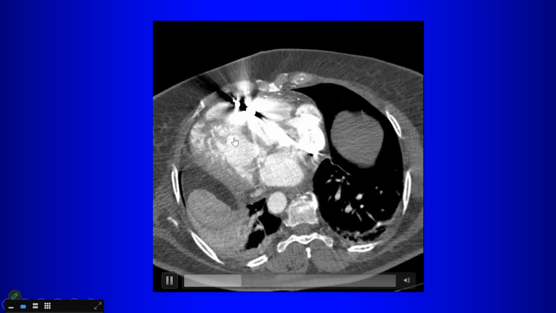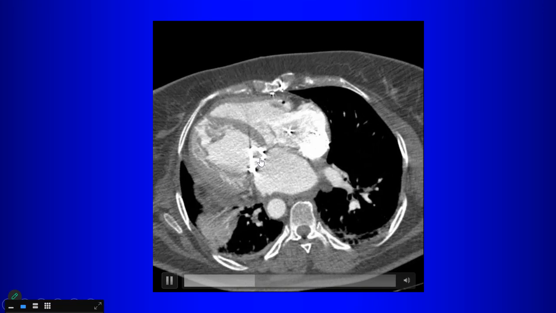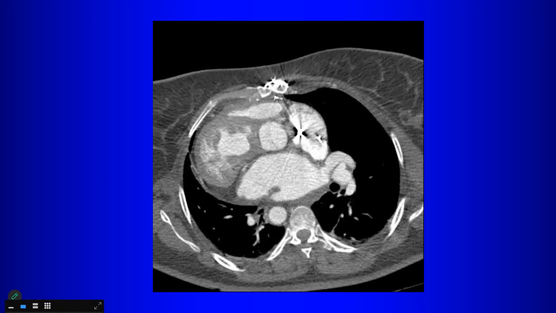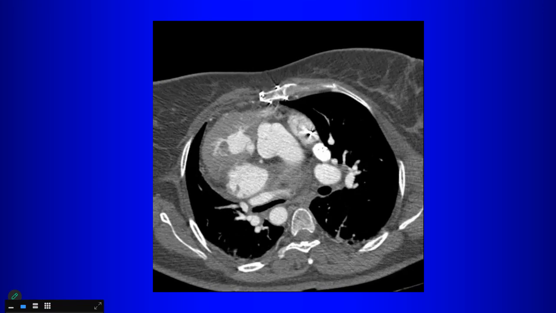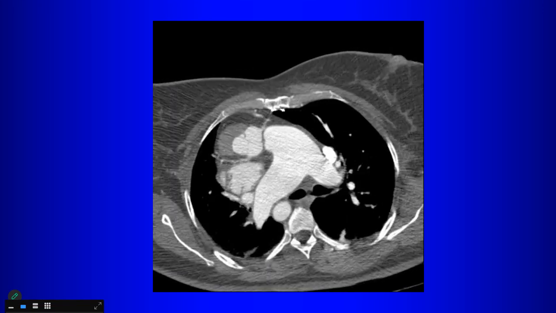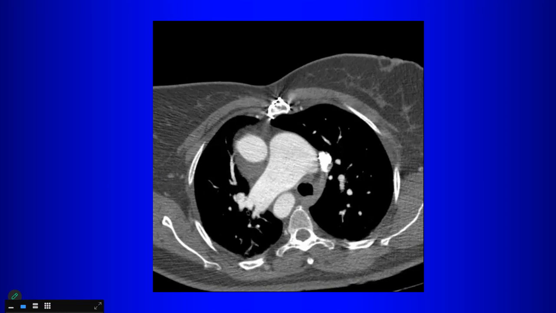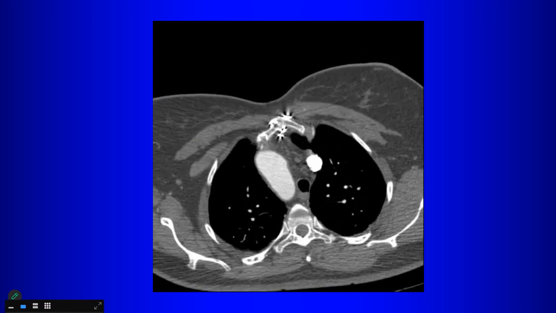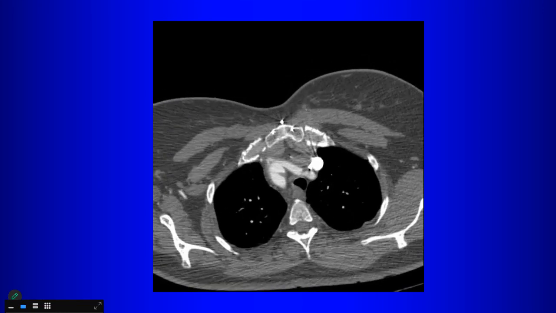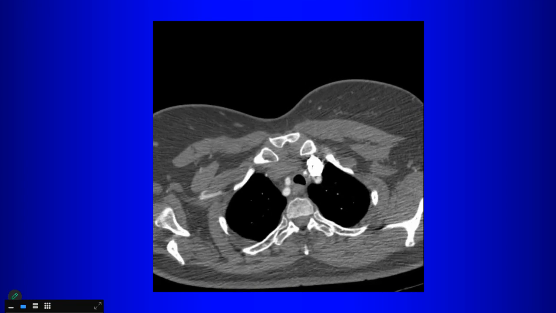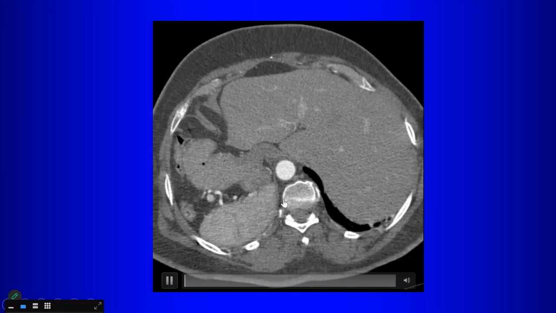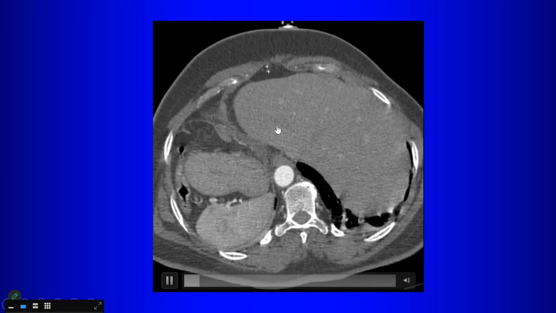So here's the ventricle, there's the inflow. What do you think? Can you tell? Well, let's look at the other side then.